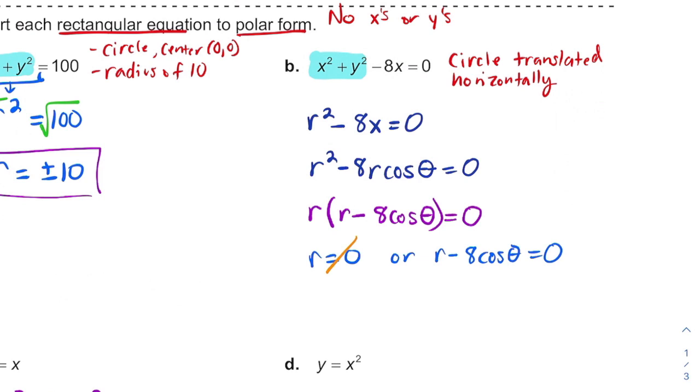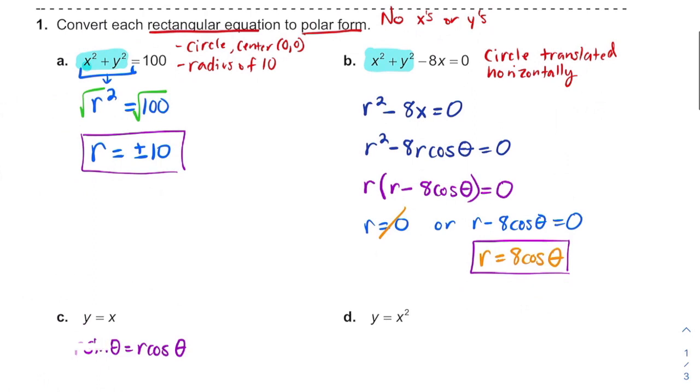And lastly, the goal, the reason we're doing this is so that we can solve for r. So now I can add 8 cosine theta to the other side. So r is equal to 8 cosine of theta. And this is our equation. So the polar equation for this translated horizontally circle is r equals 8 cosine theta.